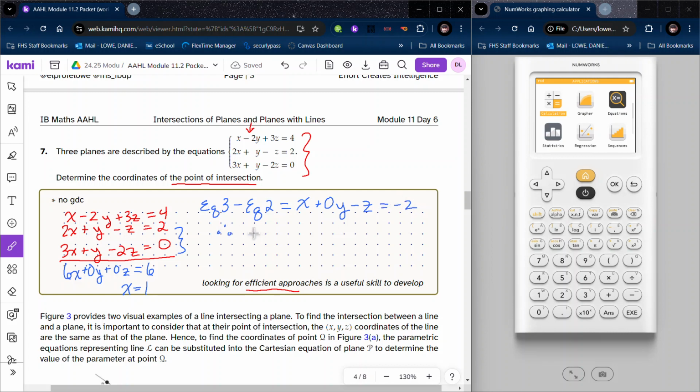So that means that x minus z is equal to negative 2. So therefore, z has to be equal to 3.